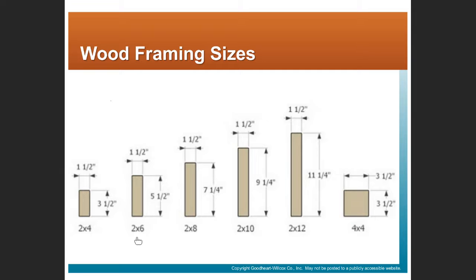A good trick question that somebody might ask you is, how big is a 2 by 6? And if you put, oh, it's 2 by 6, well, you're not distinguishing between the nominal dimension and the dressed dimension. So again, the nominal dimension doesn't have inch marks. The finished or the dressed dimension does.